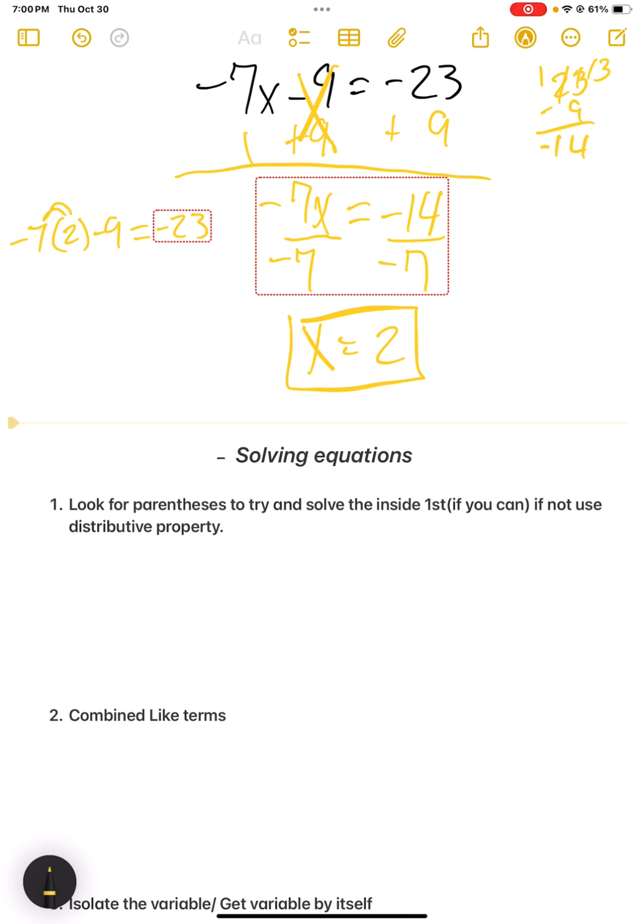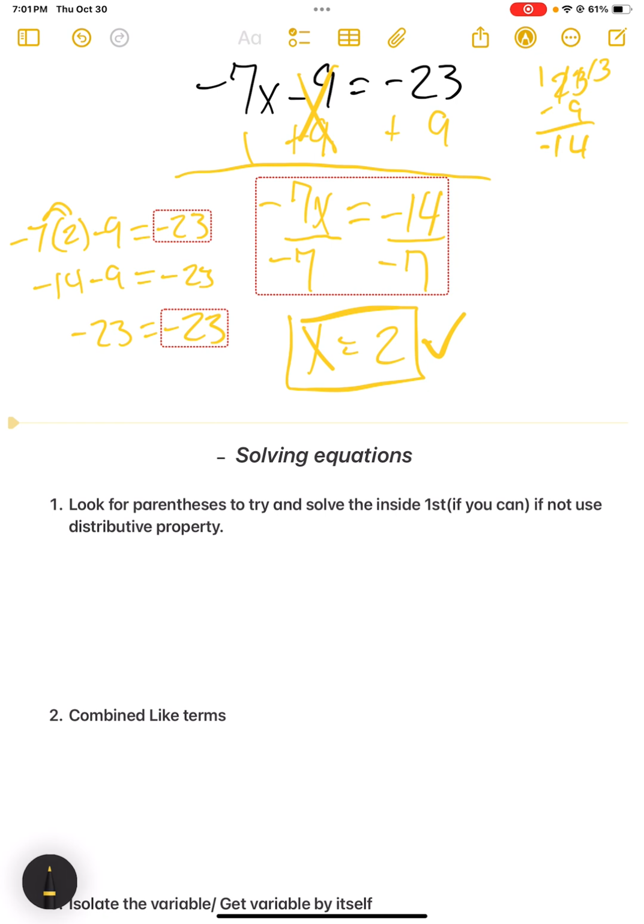We would do negative 7 times 2 first, which is negative 14 minus 9 equals negative 23. Negative 14 minus 9. Remember, when you minus a negative, that's basically like adding the two negatives together. So if we add 14 plus 9, we should get a negative 23. Is negative 23 always equal to negative 23? Yes, it is. So our answer is correct.